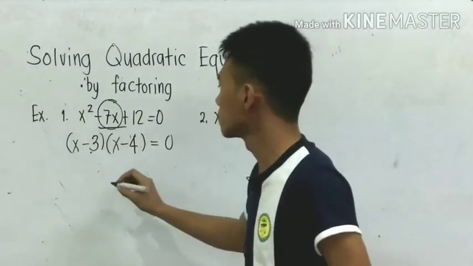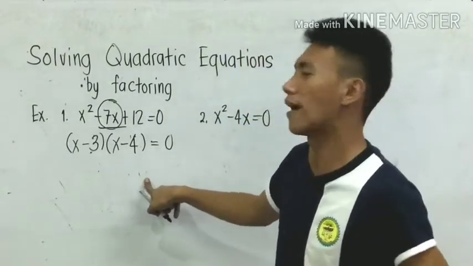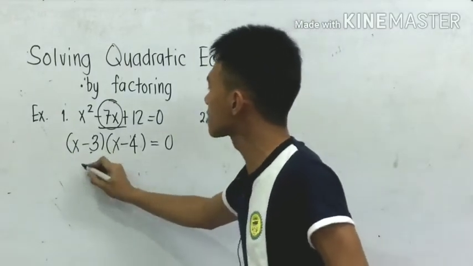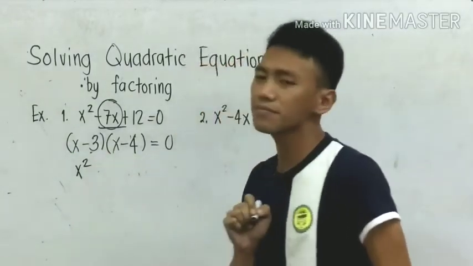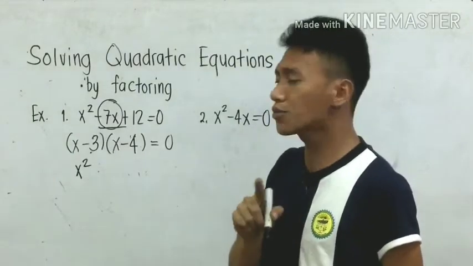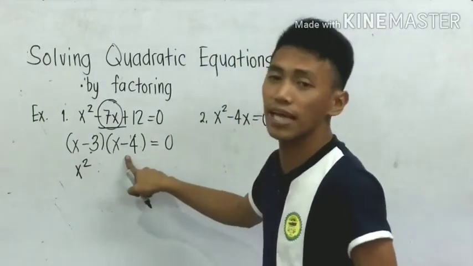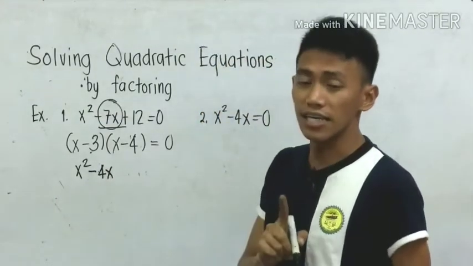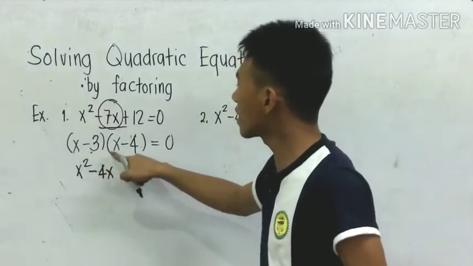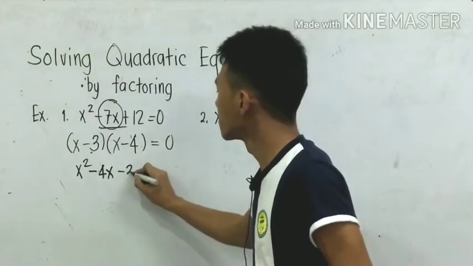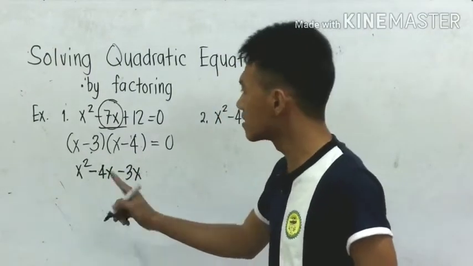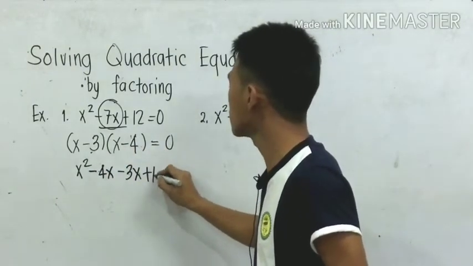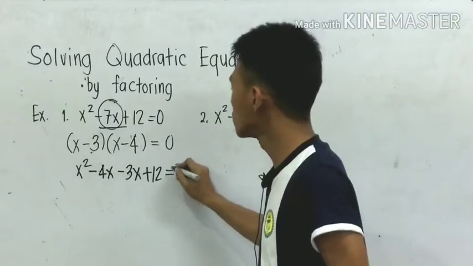Let's try to check kung tama ba ni siya nga factor. So we have first terms, x times x, x squared. And then, outer terms, x times negative 4, negative 4x. Inner terms, negative 3 times x, negative 3x. And last, negative 3 times negative 4 is positive 12 is equal to 0.